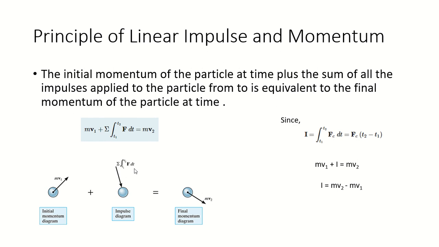Meaning we are studying the effects of applying a force in that little time to this particle moving with a momentum. You are going to get a final momentum, because you have a disturbance, which is an impulse, coming into this moving particle moving with a velocity v1.